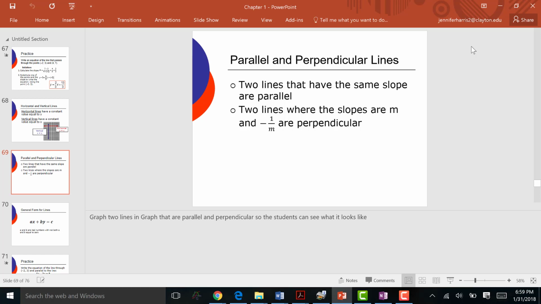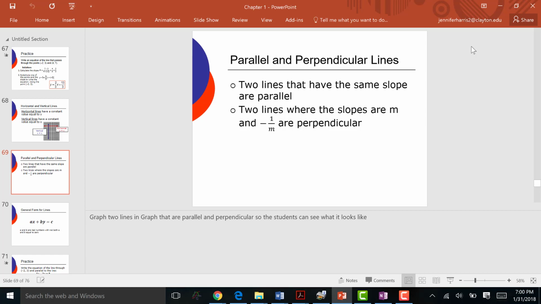If this slope right here is 2/3, this slope is going to be negative. Flip the 2/3 upside down. Let me rewrite it so you can see it. If this slope is equal to 2/3, then the slope for this red line is -3/2.